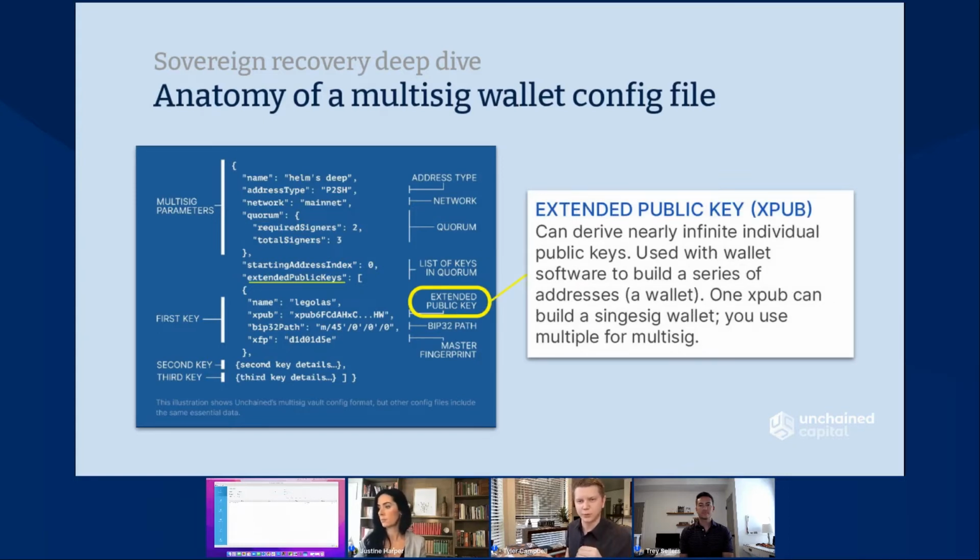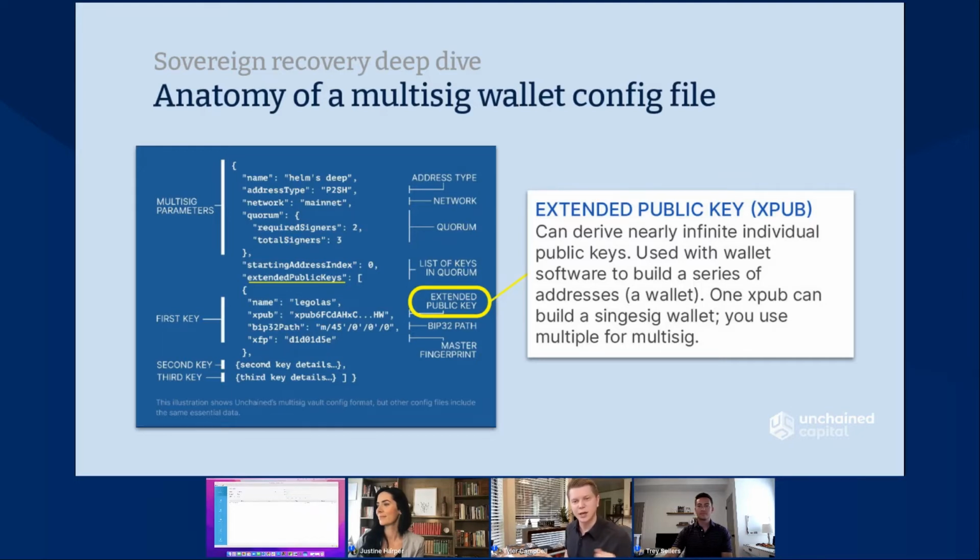Working down one more. This is where we get into what I think is the fun stuff, the terminology. We don't have Peter McCormick joining us today to talk about what an XPub is, but if he were here, he would tell you that an extended public key, or XPub, can be used to derive nearly infinite individual public keys. You can think about it like the master public key. And with one XPub, you can build a single sig wallet. You don't really get exposed to it all that often, because in single sig, you just focus on your seed phrase and your addresses.